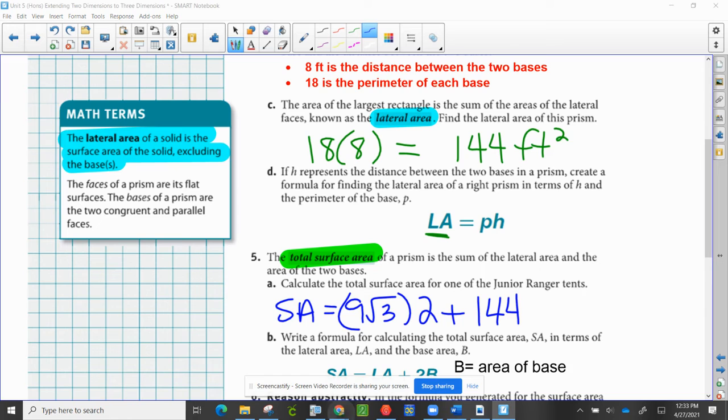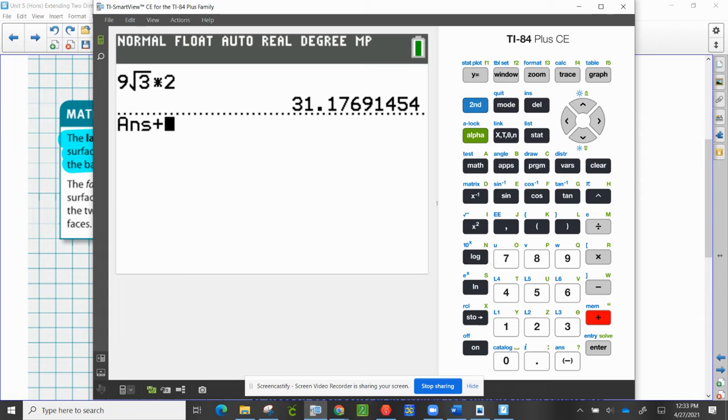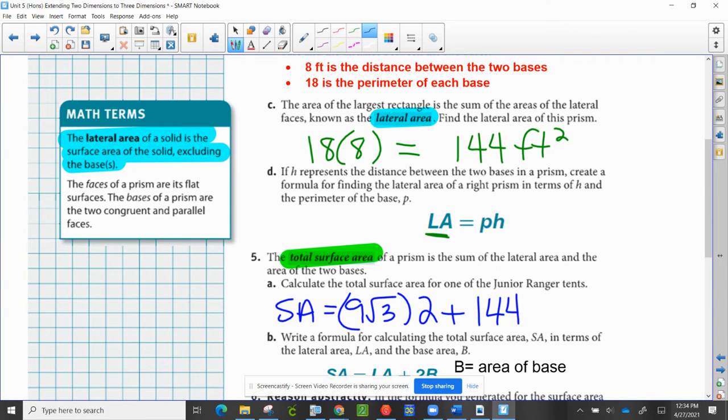So let's just put that in a calculator really quick. I would have 9√3, and we'll times that by 2. Okay, add that to our lateral area, which we found was 144. And there is our total area. So let's say 175.2 feet squared.